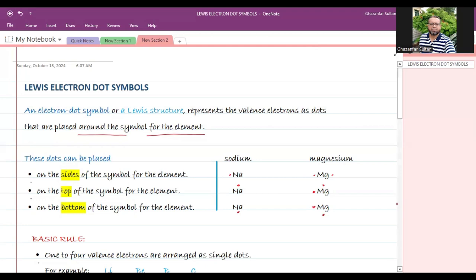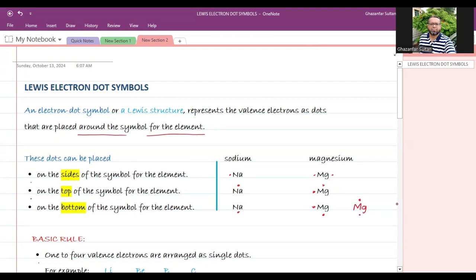And even you can draw like this. One on the top, another on the bottom.